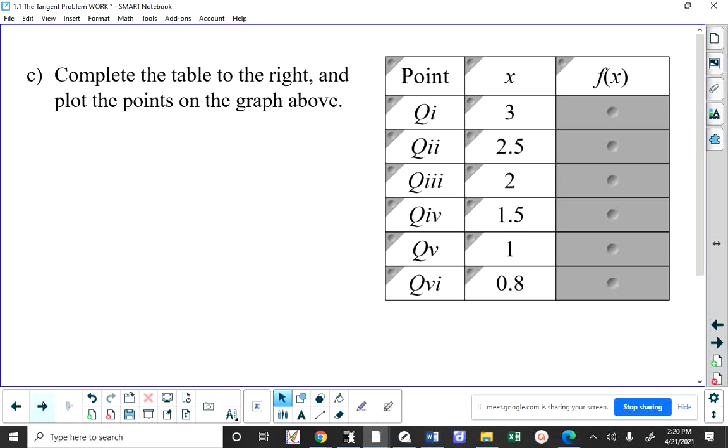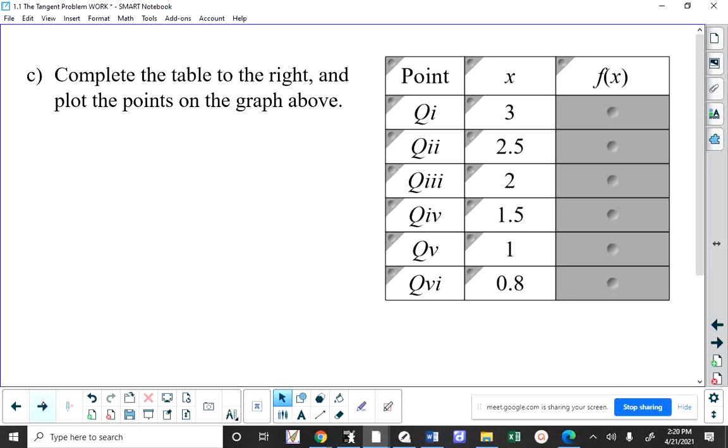And if you take a look at the x-coordinate of Q1, it's 3. The x-coordinate of Q2 is 2.5, then 2, 1.5, 1.8. And what's crucial to your understanding here is these x-coordinates of this point that's on the move are getting closer to the x-coordinate of P, which is 0.75.